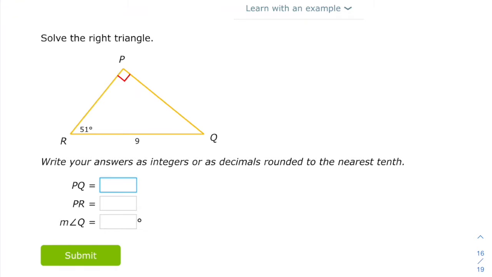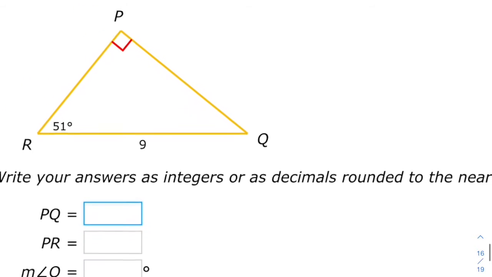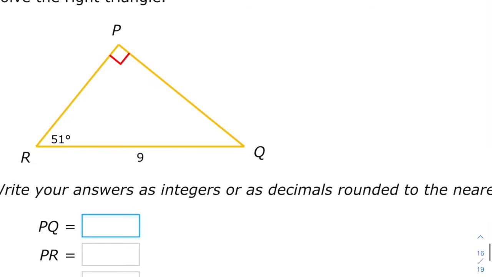The first thing I'm going to do is the easiest part, or what I think is the easiest part. See how we already have an angle here and another angle here? It's super easy to find this one without using any trig whatsoever. So I'm going to do 90 degrees plus 51 degrees, and that's 141 degrees.